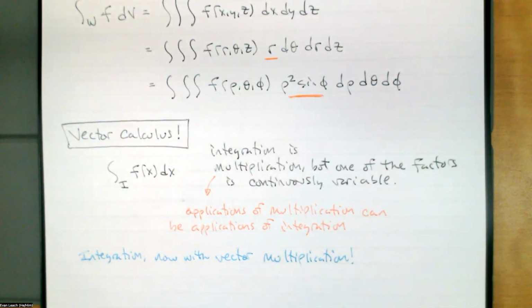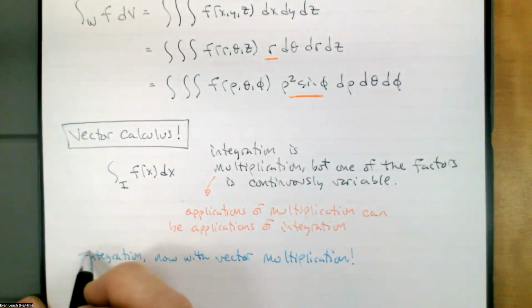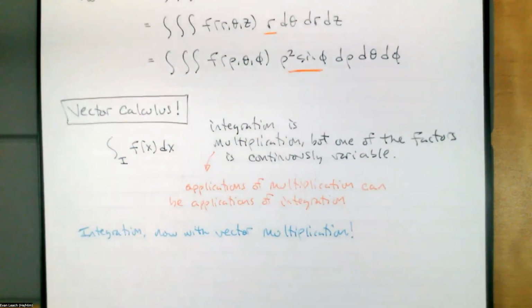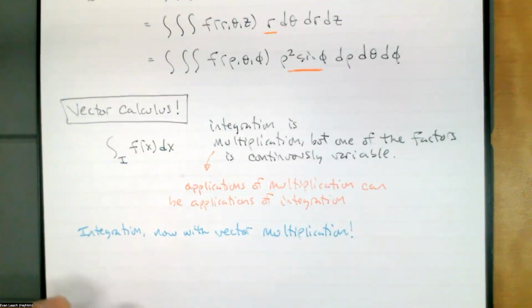So if I say vector calculus, you should start thinking, oh, integration, but now with vector multiplication. And what do we have for vector multiplication? Dot product and cross product.